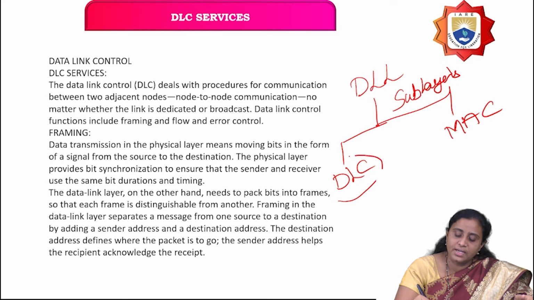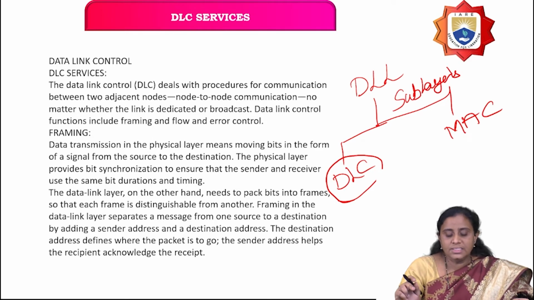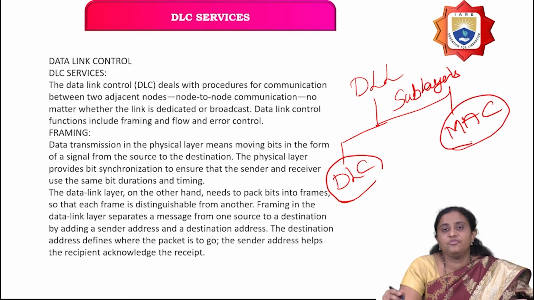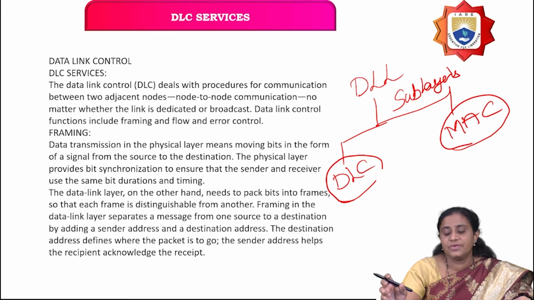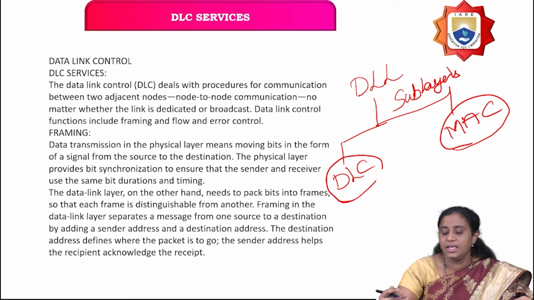The first sublayer, the data link control layer, is meant for node to node communication, whether the link is dedicated or broadcast. The medium access control layer is meant for the transmission of media throughout the layers present in the OSI reference model. From one layer to another layer, the medium access layer needs to access the mode of transmission.